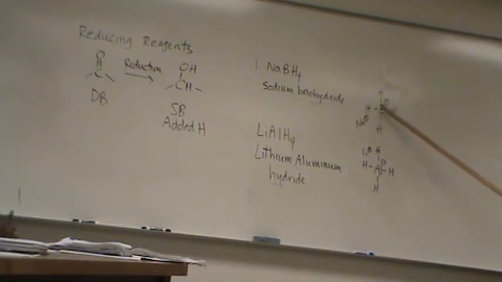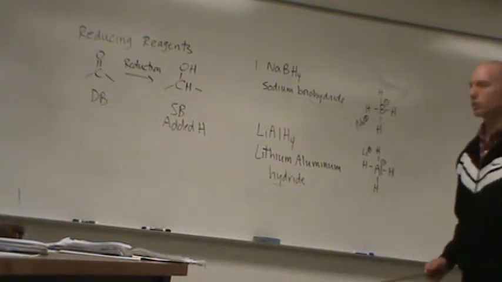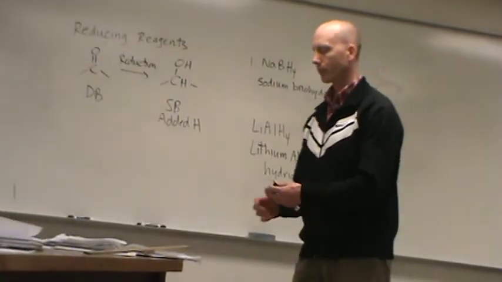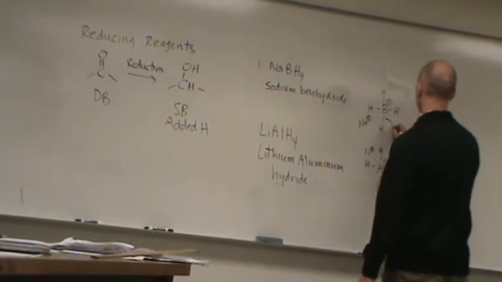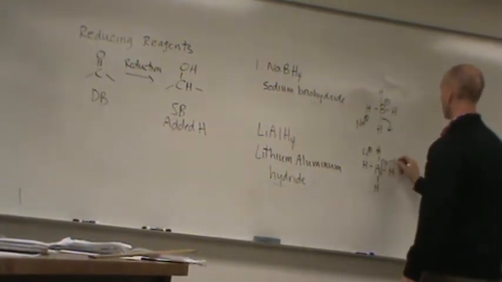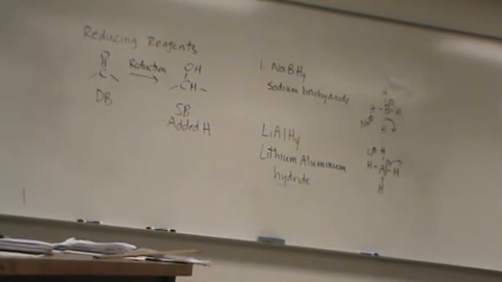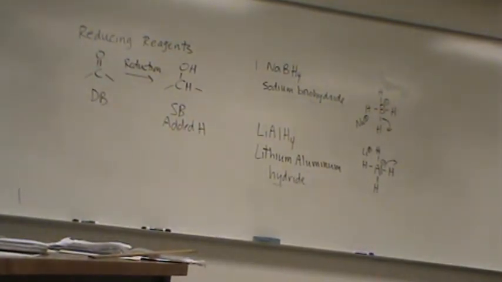When they have 4 bonds around them, that gives them a negative charge. In order to get rid of the negative charge, it would like to get rid of one of these hydrogens. So the reactivity of these is for a hydrogen to leave so that those metals get back to neutral, okay?